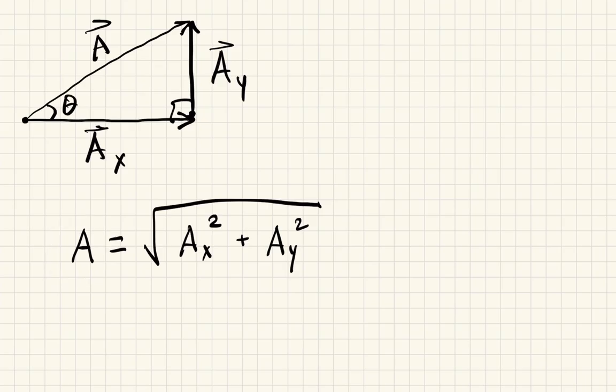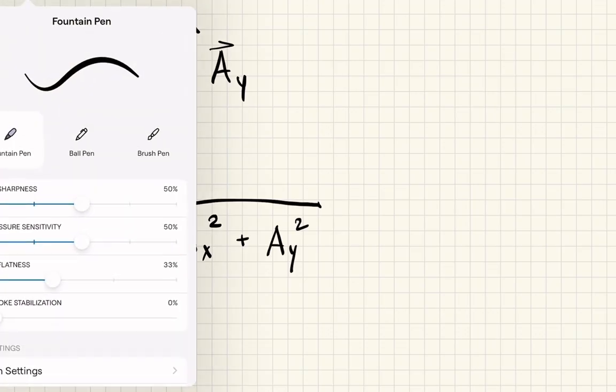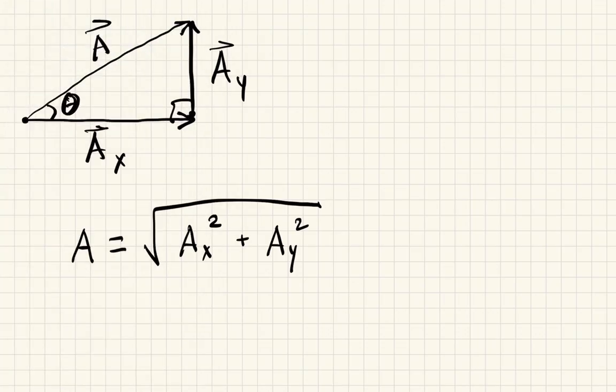Now, we've been working with just the magnitudes, but of course, vectors have a direction as well. And so that direction is going to be specified by this angle. And we can also find that angle using trigonometry.